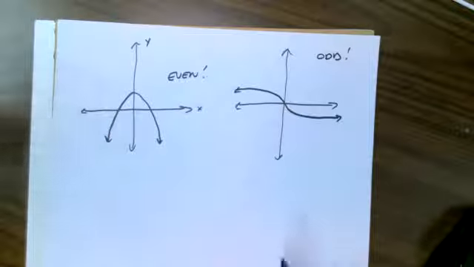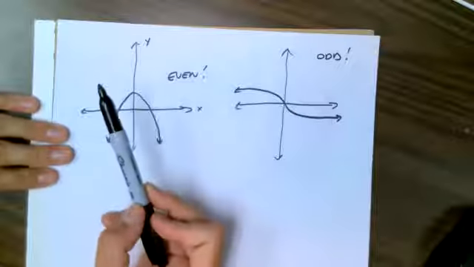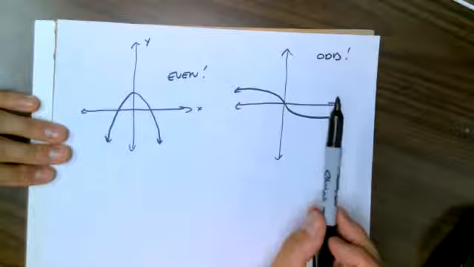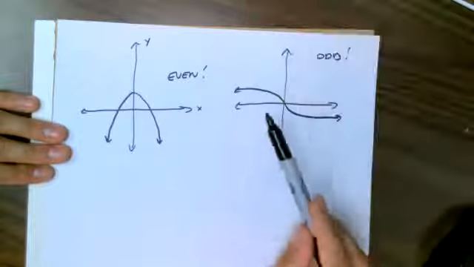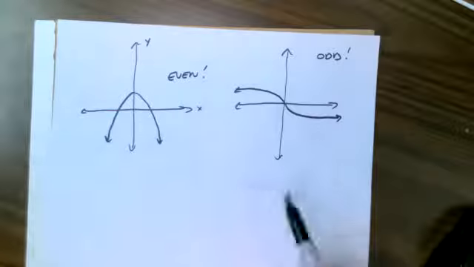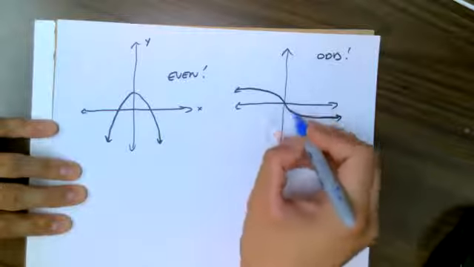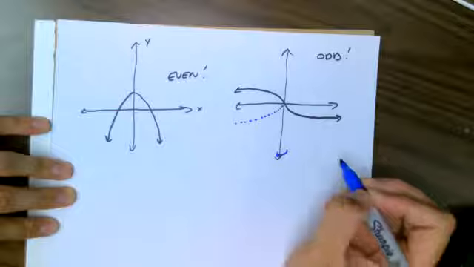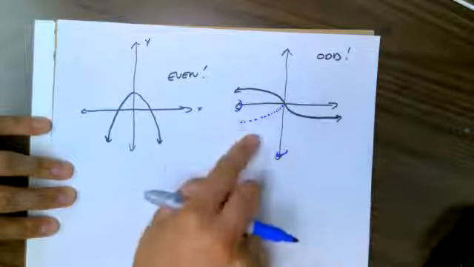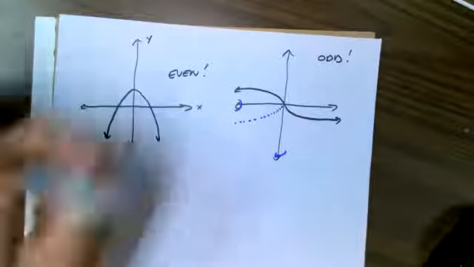And a few people think of it like this: instead of making one fold along the y-axis, for odd you have to make two folds. So if you fold this once and then fold it again, you would have the same graph. If I fold this around the y-axis, this graph would look like this, right? And then when I fold it again around the x-axis, it's sitting on top of each other. So that's one way to think of it.